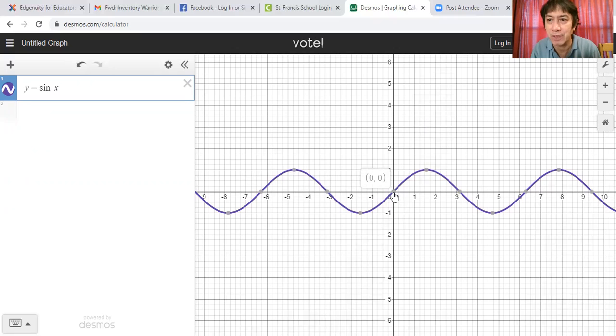So our conclusion: the cosine function is symmetric with the y-axis, while the sine function is symmetric with the origin. In other words, the cosine function is an even function, while the sine function is an odd function.